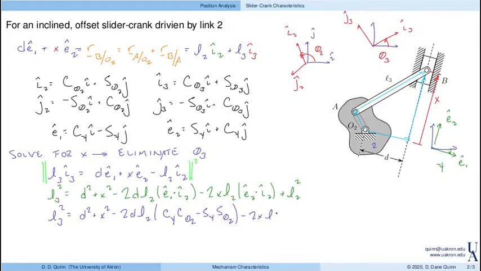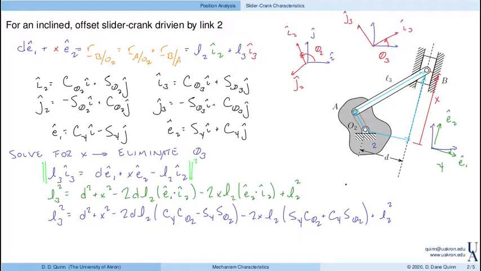We have 2xL2, E2 dot I2. Well, that's sine of psi, cosine theta 2, plus cosine of psi, sine of theta 2. And then we have an L2 squared. Right?